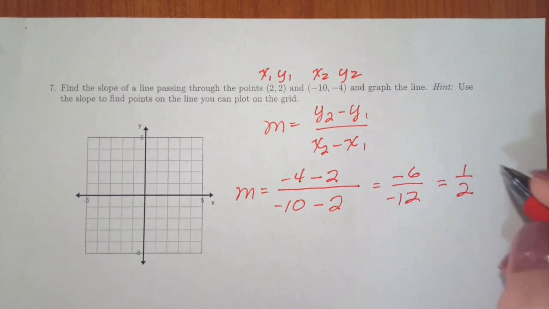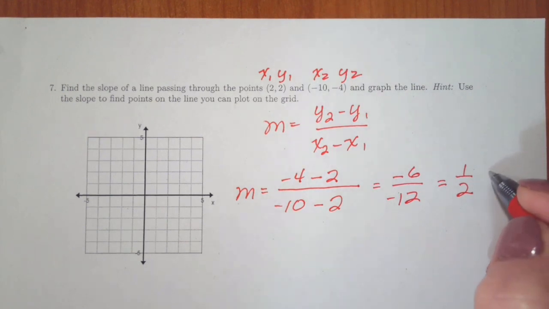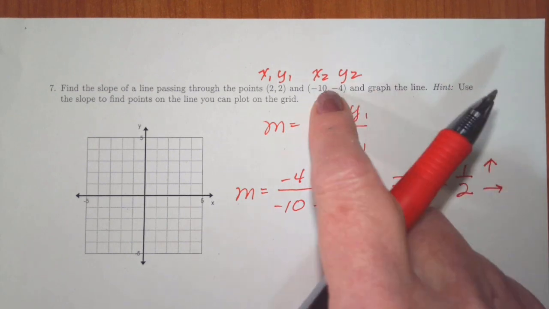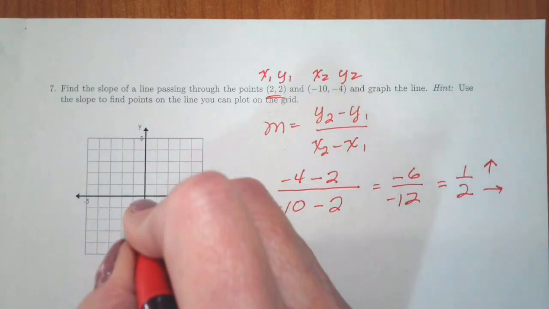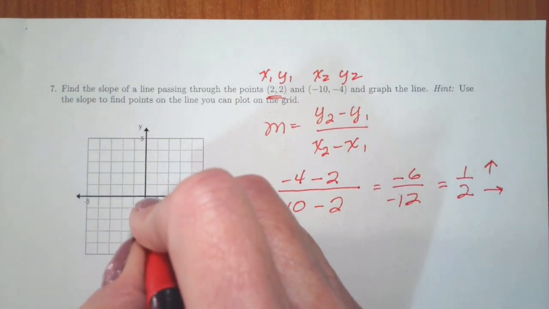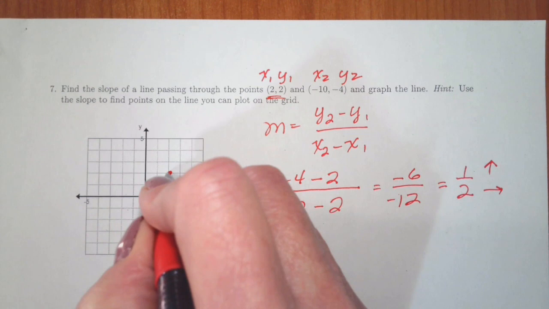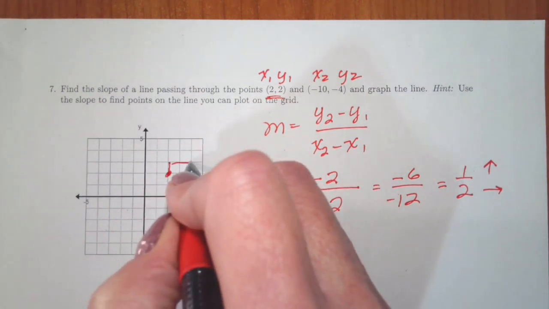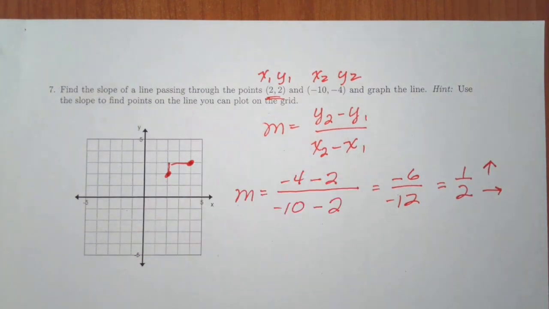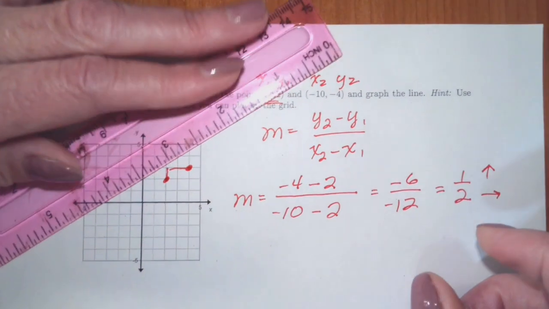So that means I can plot the point and then from there go up 1 and to the right 2. This is the point that's not on the graph, so I'm going to graph this one. So I'm going to plot the point 2, 2. And then to find another point, I'm going to go up 1 and to the right 2 and connect my dots.